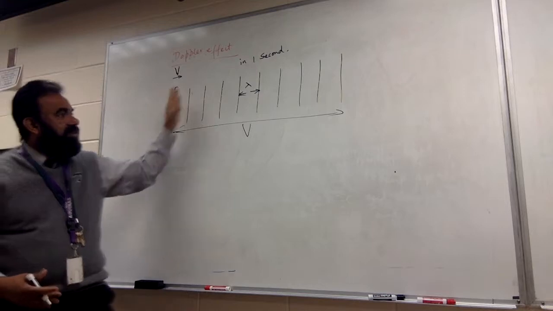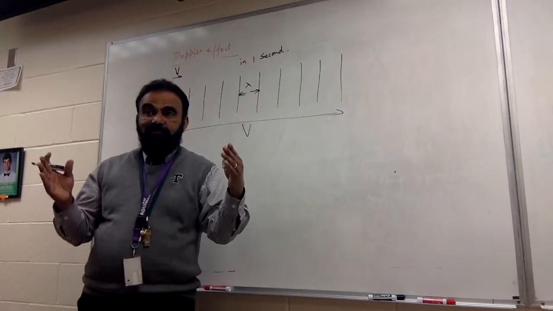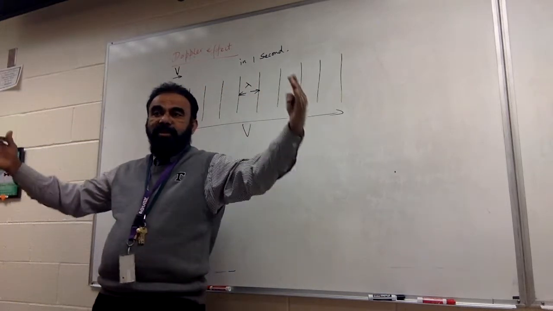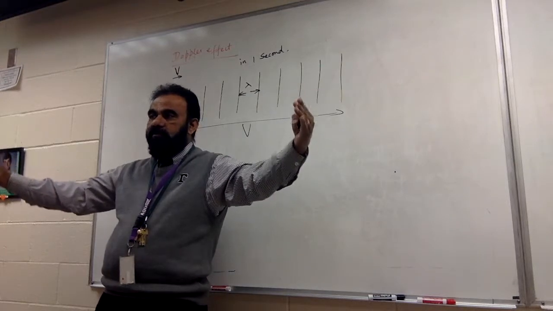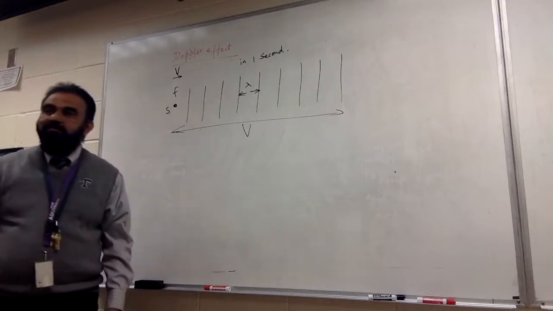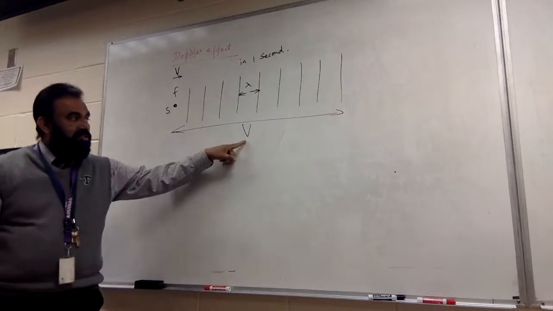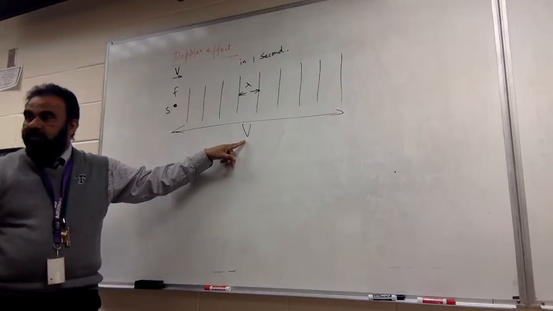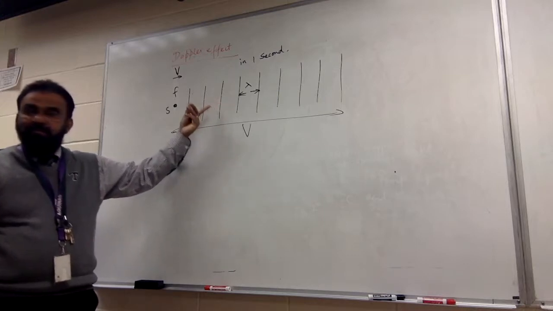That means from this point to this point, you must have F number of waves, accommodating what distance? V meters. So what is the distance between two waves? It will be this distance divided by F. Isn't that so?